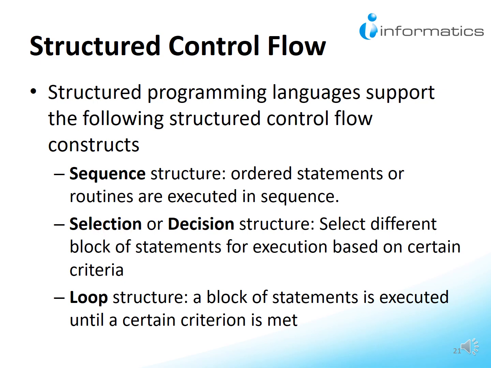Typically we use nested if structure, ladder if structure, or another called switch statement to control the decision making. Lastly, we have the loop structure. We control the repetition of the program. Any programming language that supports these three structures is called a structured programming language. Modern programming languages are all structured programming languages.